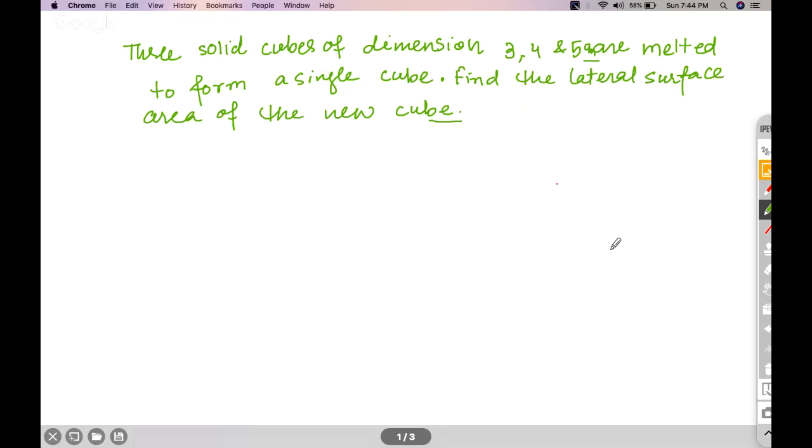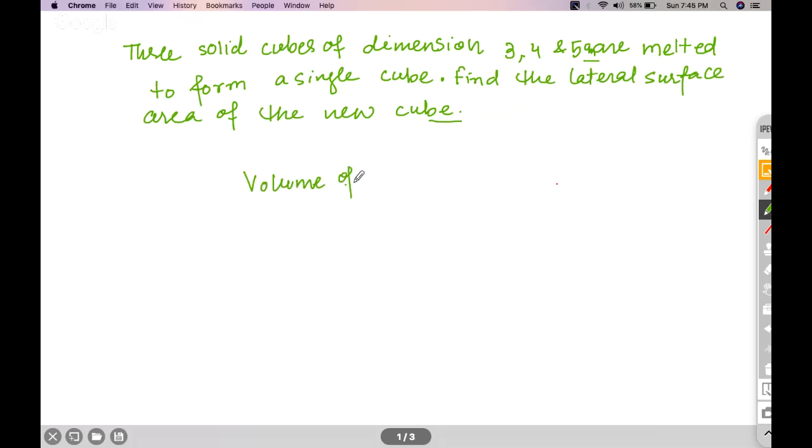Done? Okay, if you're not getting it, then try to understand: there are three solid cubes with dimensions 3, 4, and 5 centimeters.